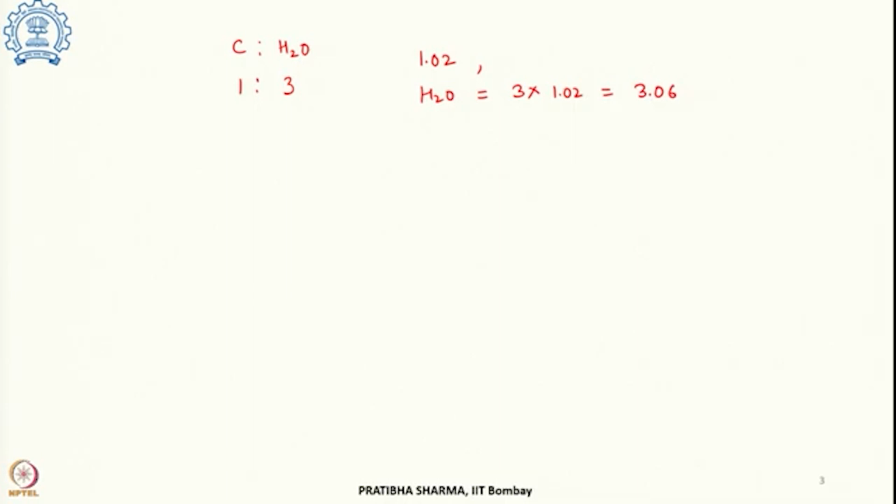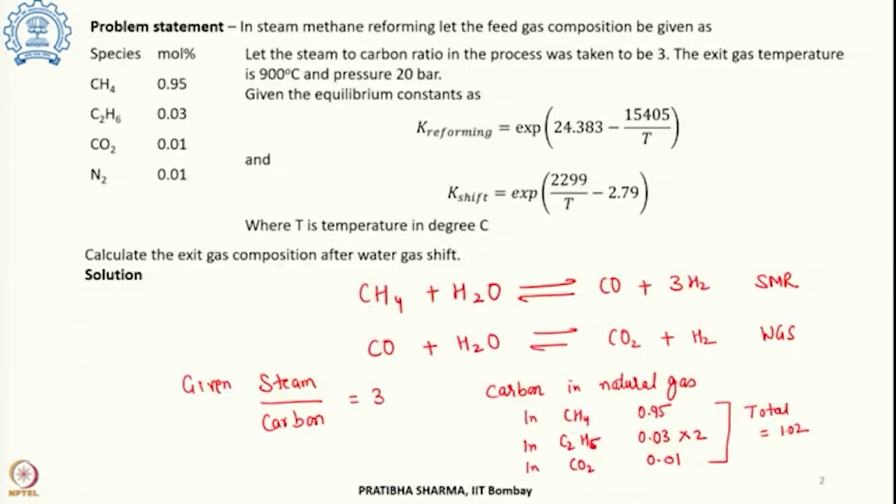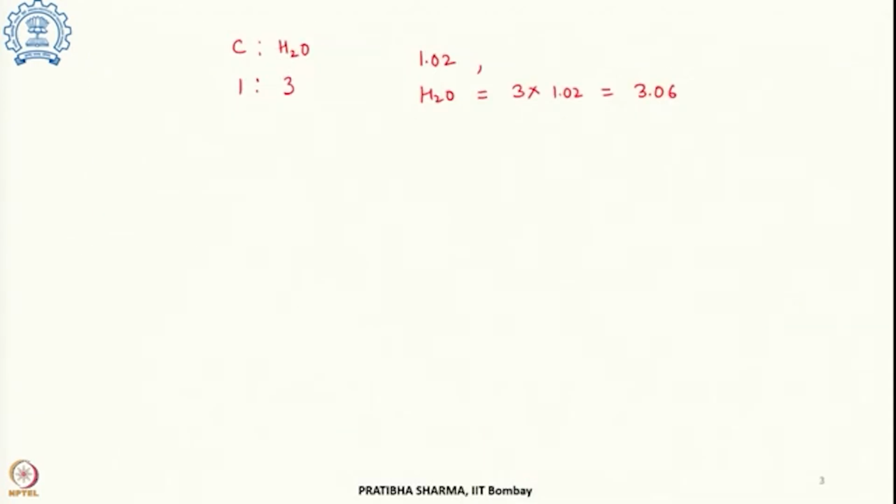Now, there are two assumptions here. Nitrogen we know remains unreacted in the process, and we will assume that the ethane is completely reacted. To solve this problem, let us first write the species present at the inlet and at the outlet.